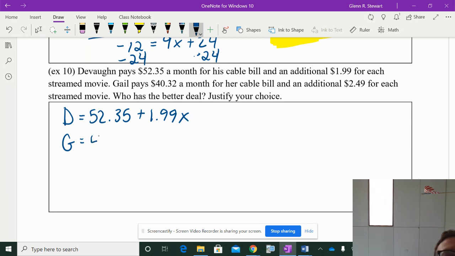Gail pays $40.32 a month plus $2.49 per movie. If we want to find out who has the better deal, first we should set them both equal to find out how many streamings it would take for them to both have the same amount. And then I would plug in maybe one number above in order to determine whose bill might be less. So let's do that.